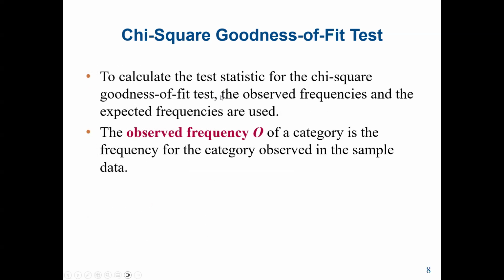Now, to calculate the test statistic for the chi-square goodness of fit test, first we need to know the observed frequencies and the expected frequencies. The observed frequency, which we represent as O of a category, is the frequency for the category observed in the sample data.